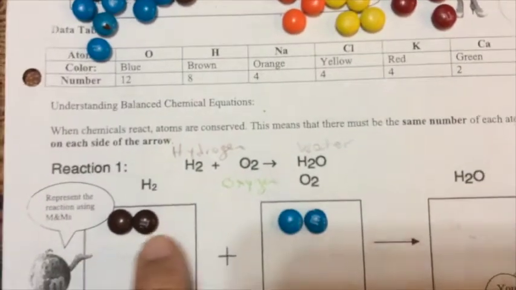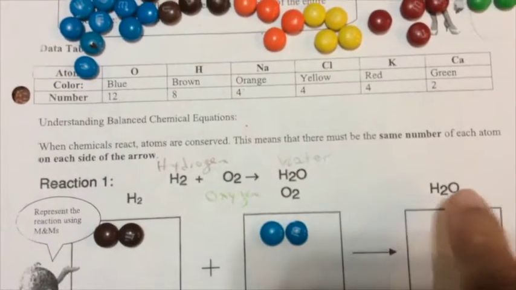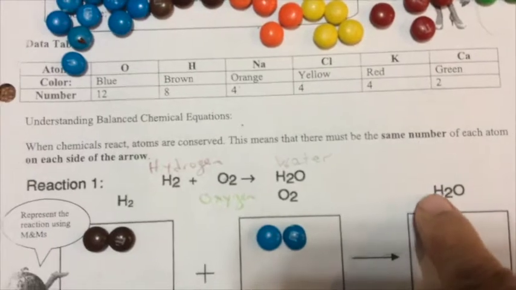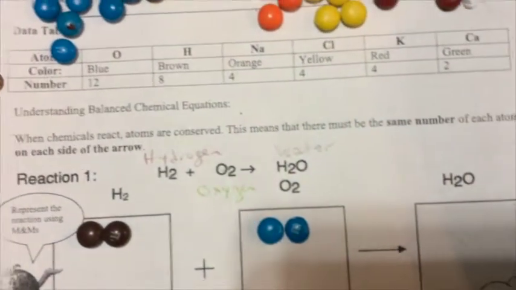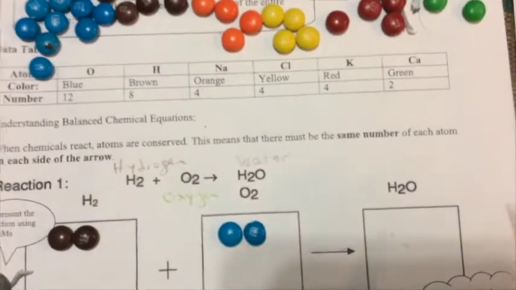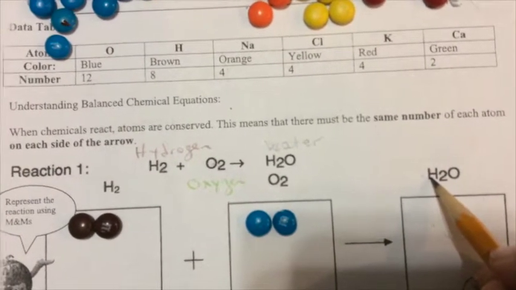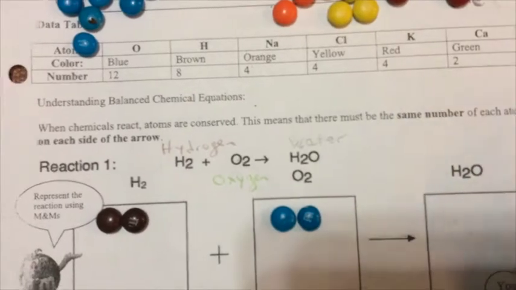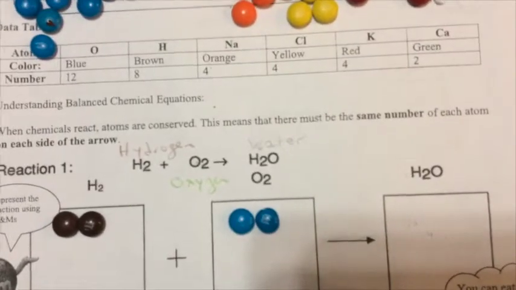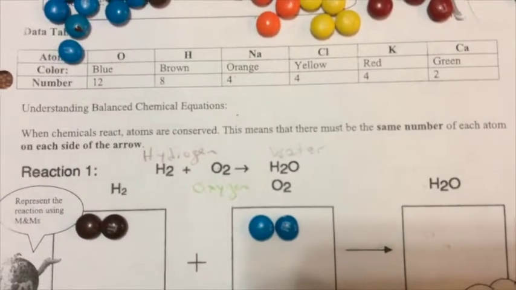Okay, now when we put these together, it is going to form 1 molecule, because again, the coefficient right now is only 1 molecule of H2O. And we remember already that H2O is water.